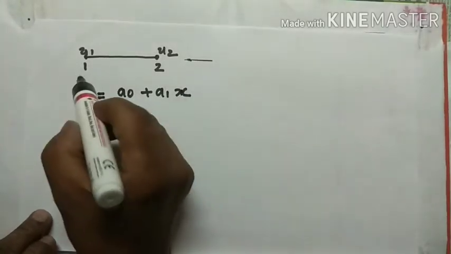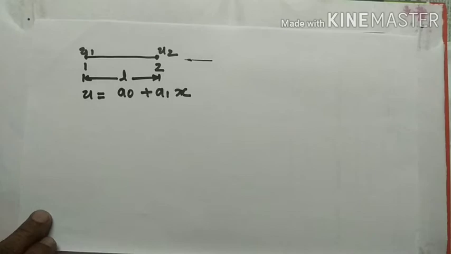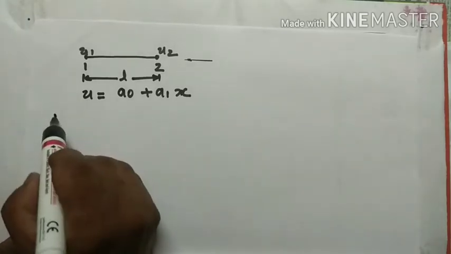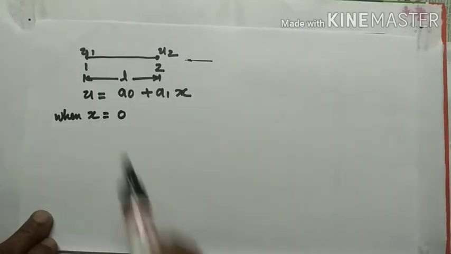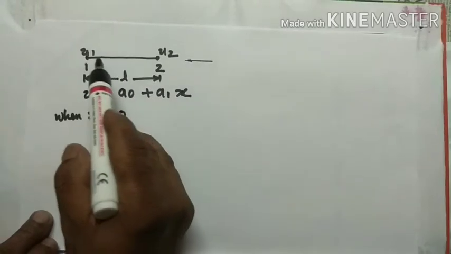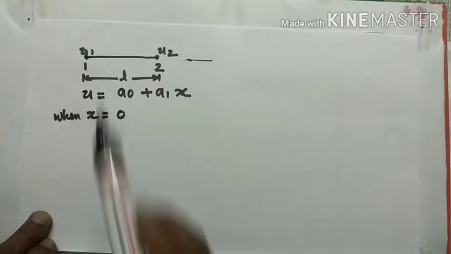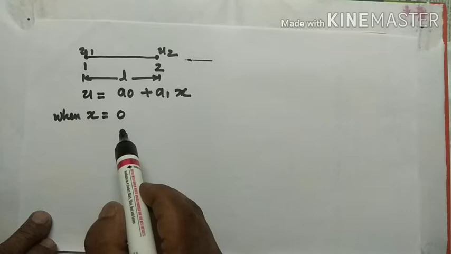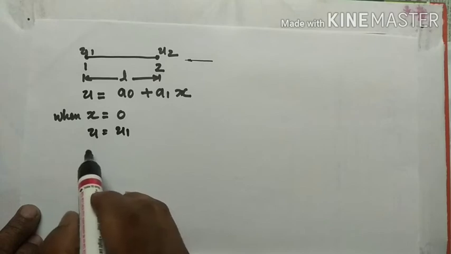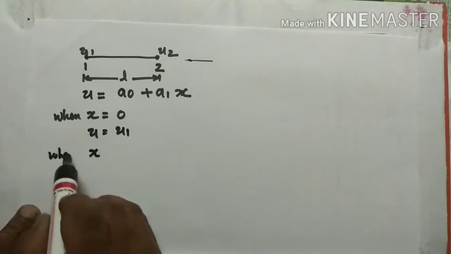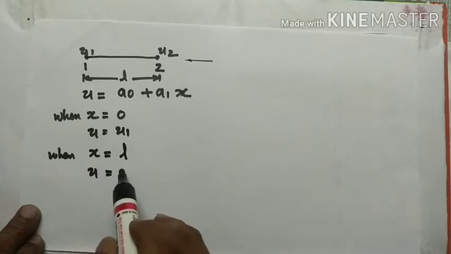Let the length of this element be L. So from this, when x is equal to 0, that is, as I already said, x is the distance of any point in the element from the first node. So when x is equal to 0, u is equal to u1. When x is equal to L, u is equal to u2.